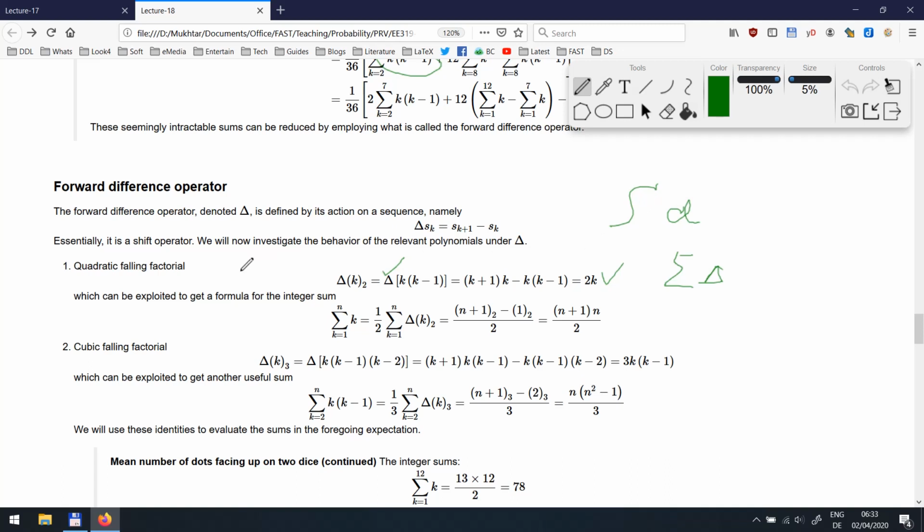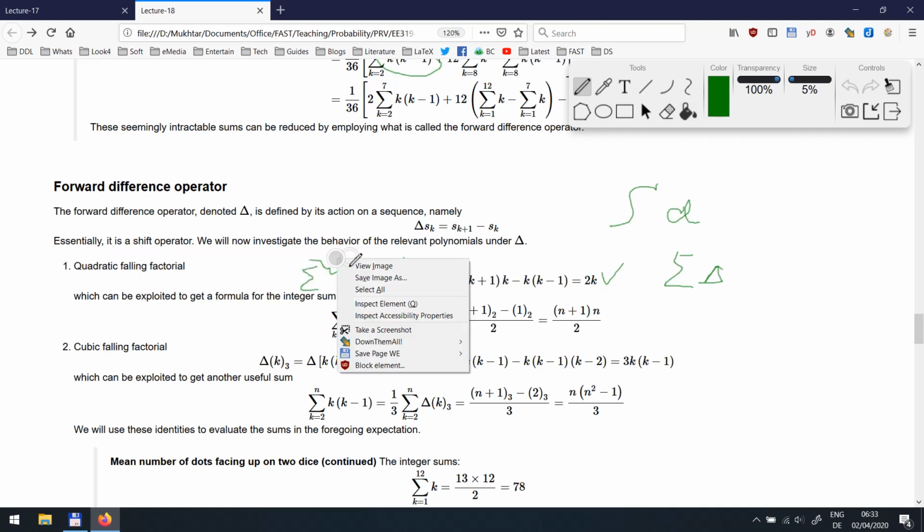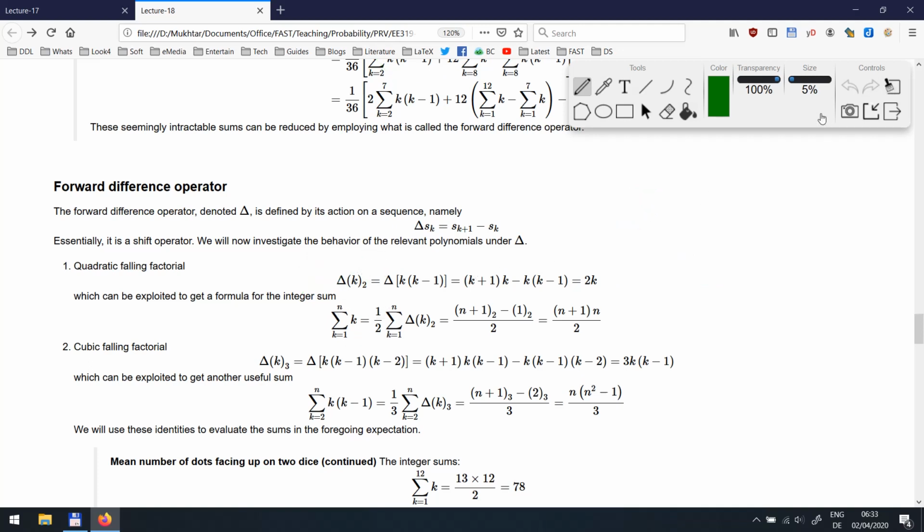If I apply a summation on top of the difference operator, these two must cancel and I must be left with the original thing. That's pretty standard. So let's see some pattern here. I know twice k from that formula. Twice k is delta applied to that quadratic falling factorial.